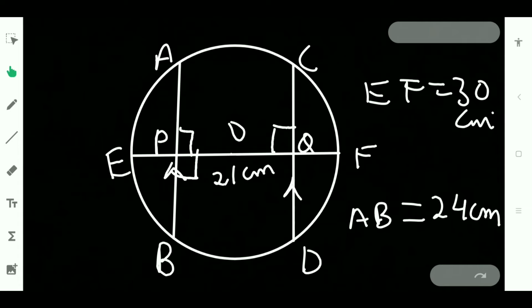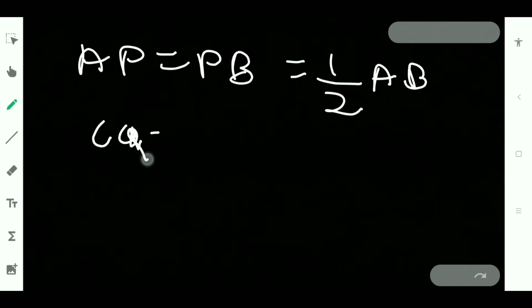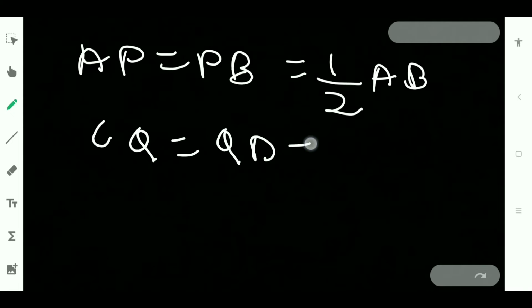That is, AP is equal to PB is equal to half of AB, and CQ is equal to QD is equal to half of CD.